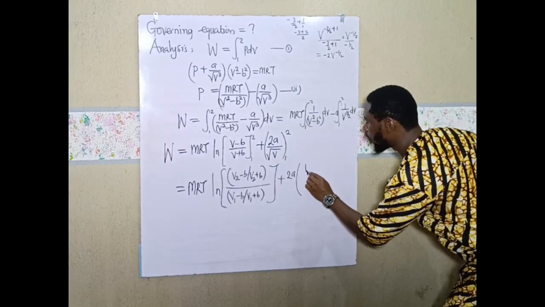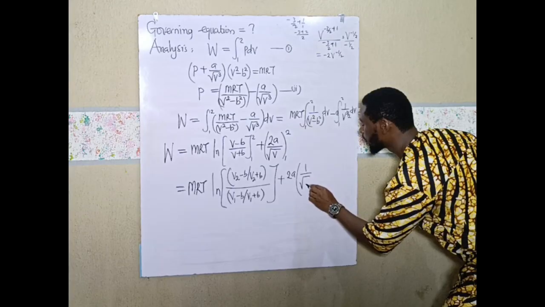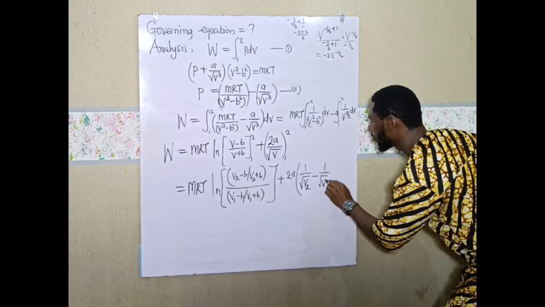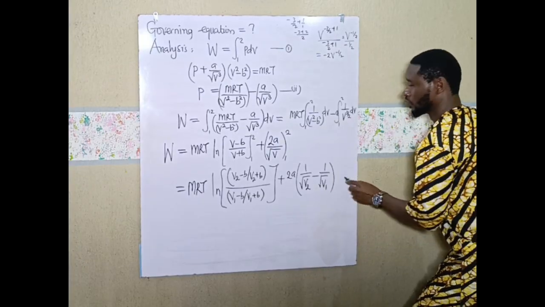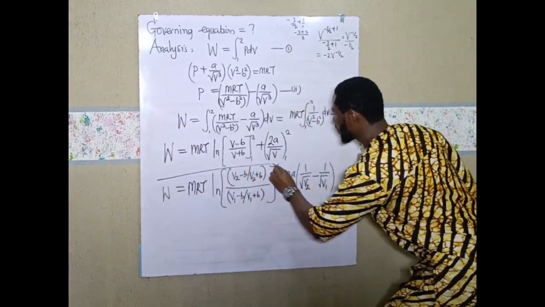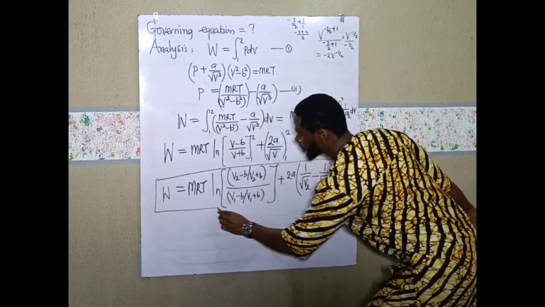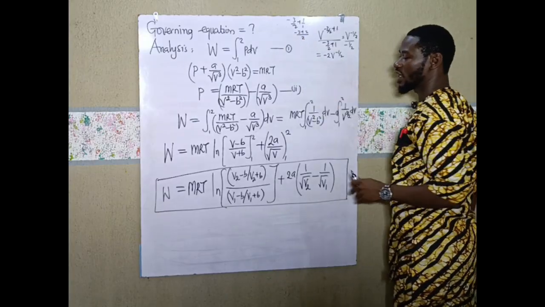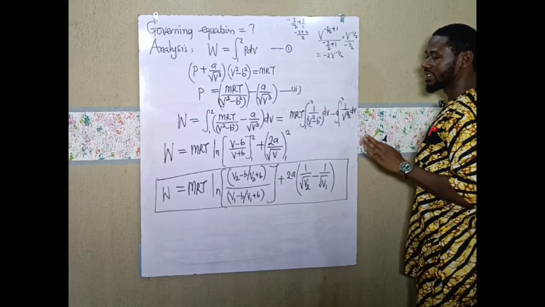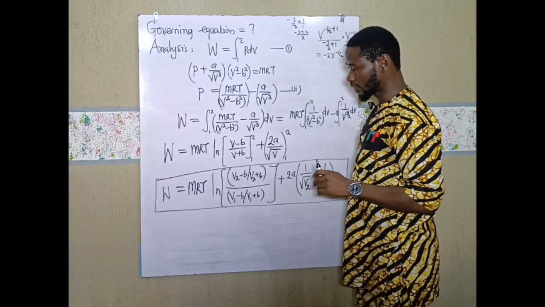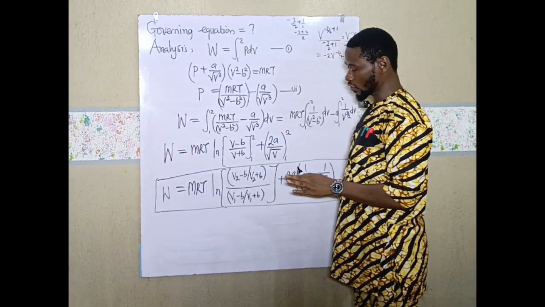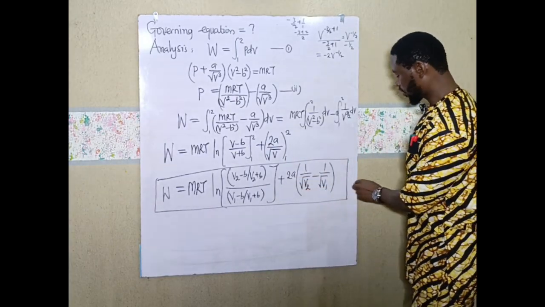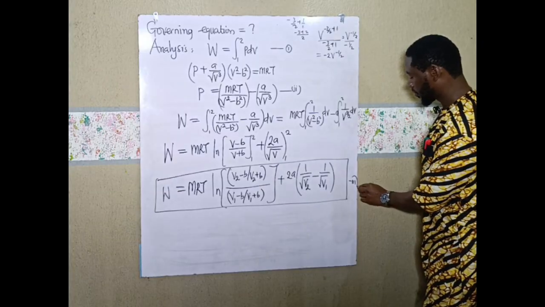Open the bracket, 1 over square root of V2 minus 1 over square root of V1. This is the work done during the whole process, and it is equivalent to the governing equation that we are going to be using to determine the data given in the question. Now, we are going to substitute all the values that were given in the question into this expression. We can name it equation 3.